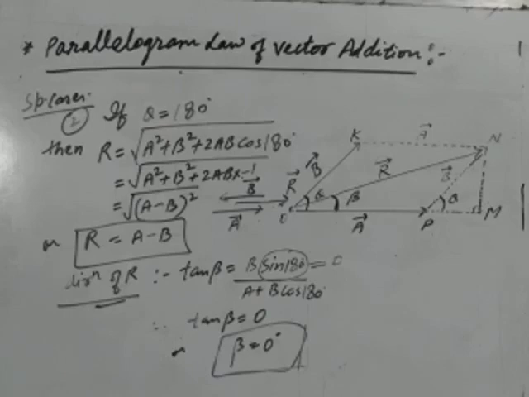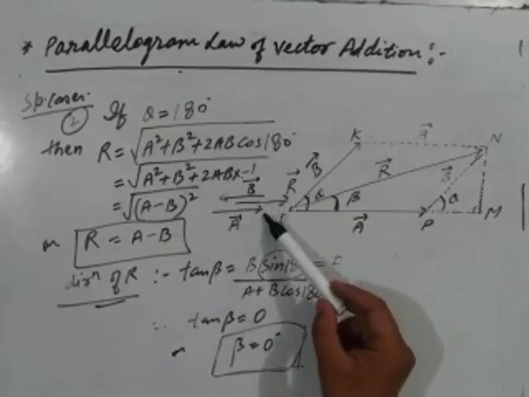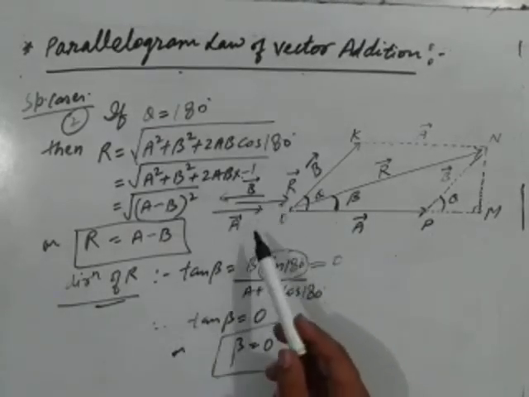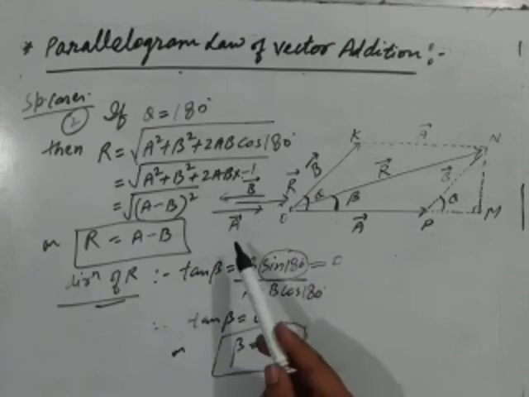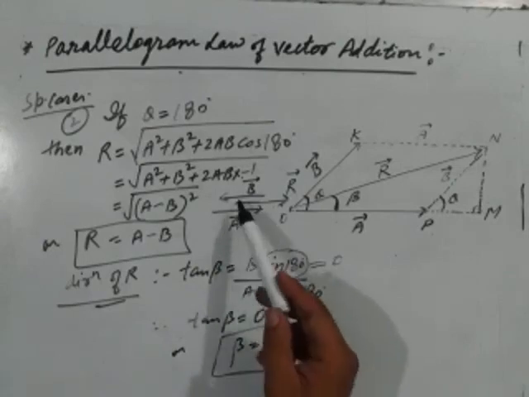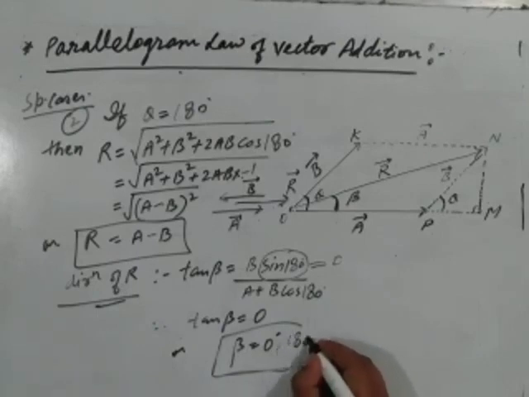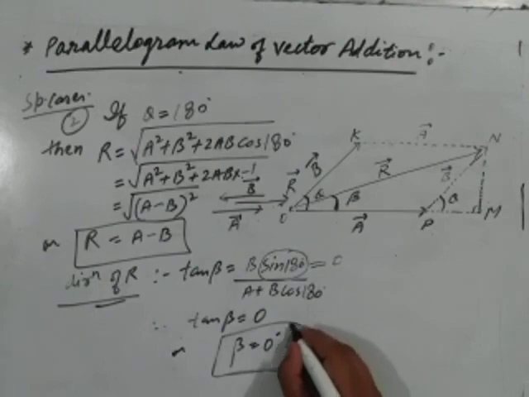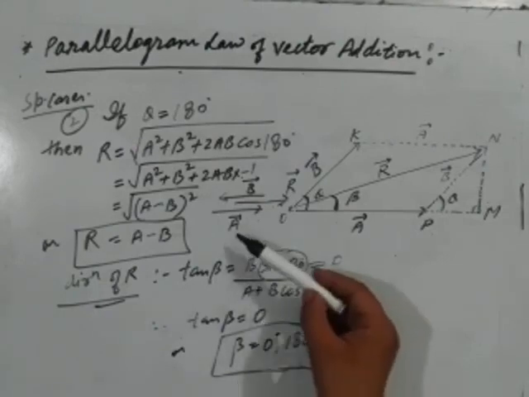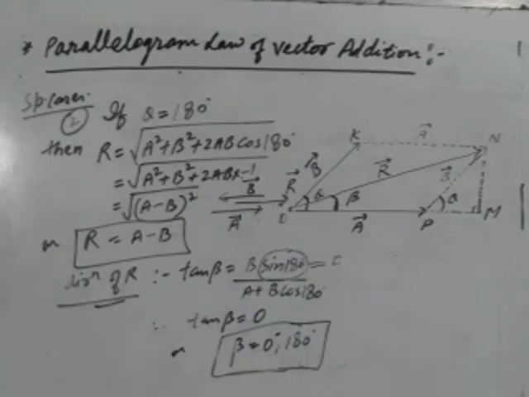Hence the resultant of these two vectors will be either in the direction of a vector or in the direction of b vector. We can take here two angles, beta equal to 180 also, depending upon whether a is greater or b is greater.